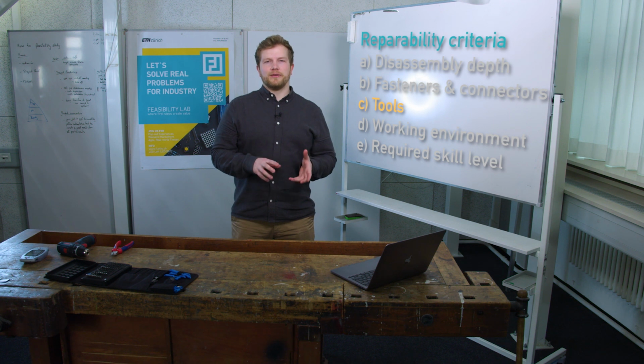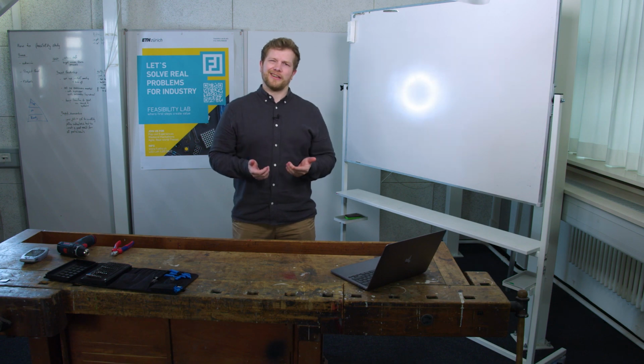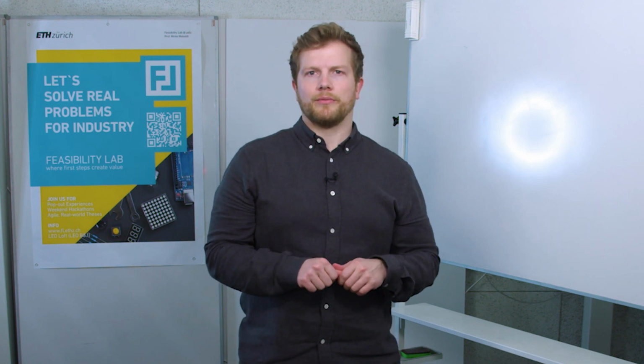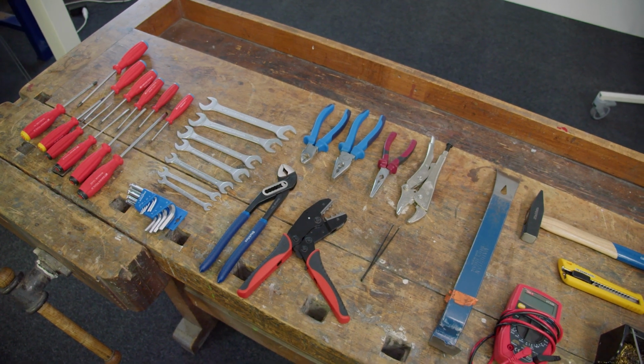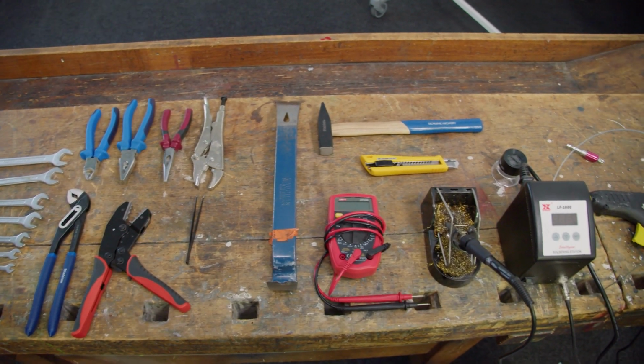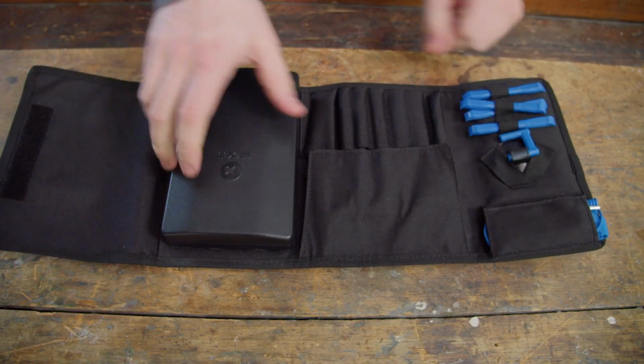The third of our 5 repairability criteria is C, tools, and can make repair smooth or annoying. The set of tools you need for repair depends on the type of fasteners, the previous criterion we talked about. Simplified from the EU norm, we can distinguish between 3 different categories of tools: basic tools, commercially available tools, and proprietary tools.